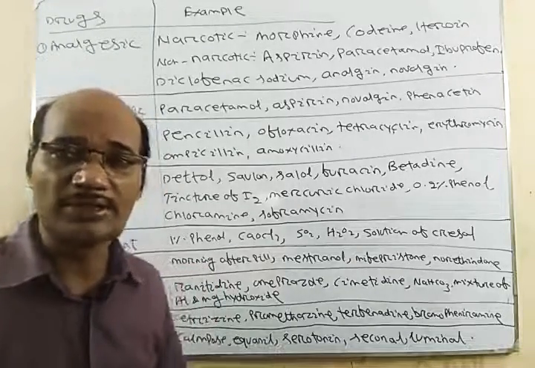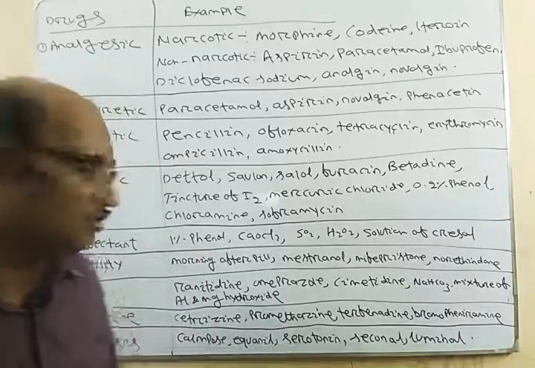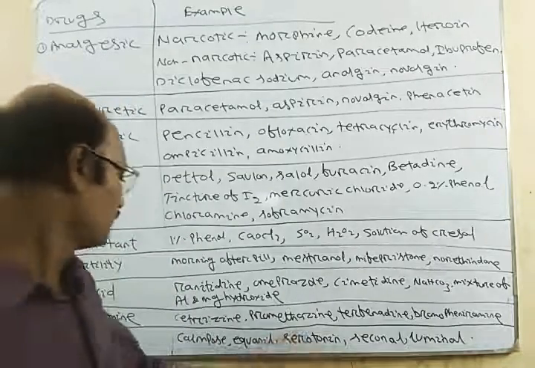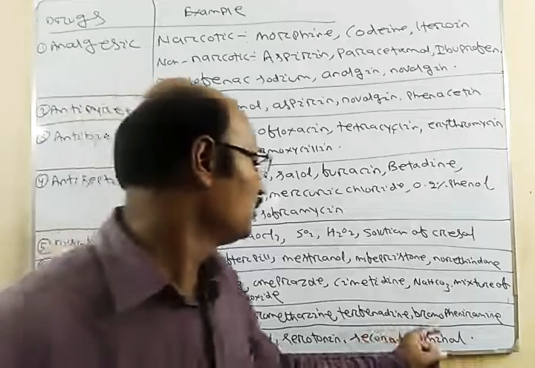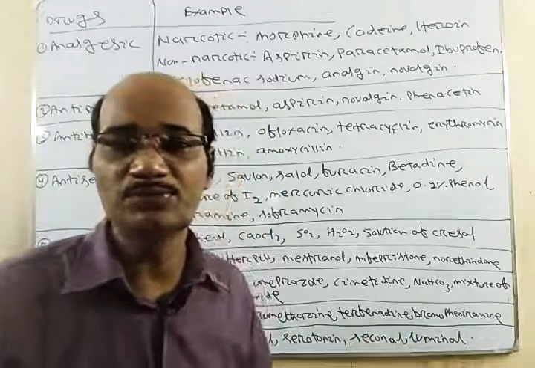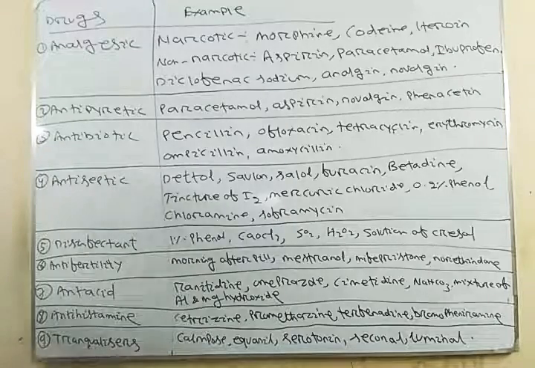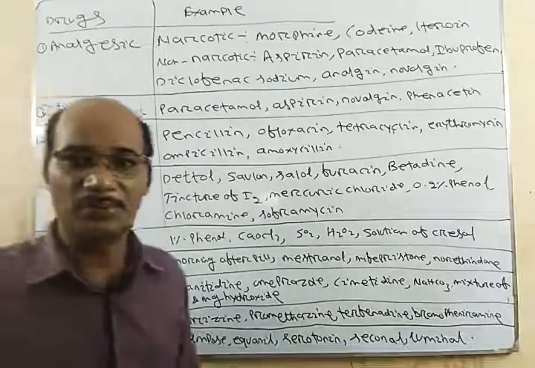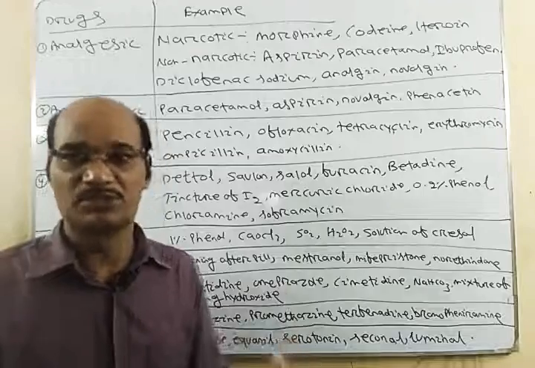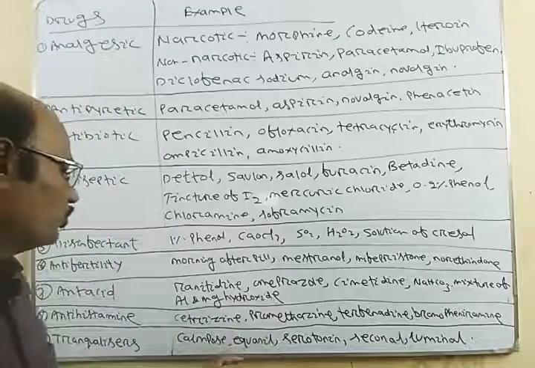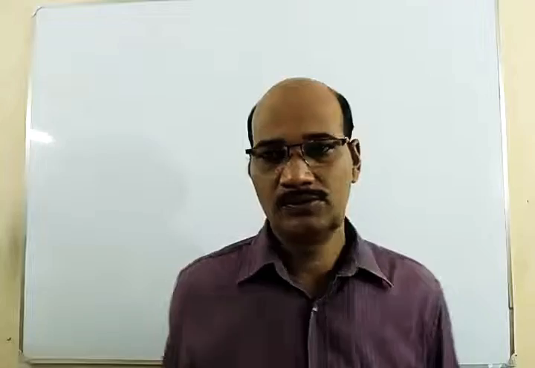They are also called anti-allergic medicines, like cetirizine, promethazine, terfenadine, brompheniramine. Similarly, tranquilizers can be sedative, hypnotic, or antidepressant, like Valium, equanil, serotonin.